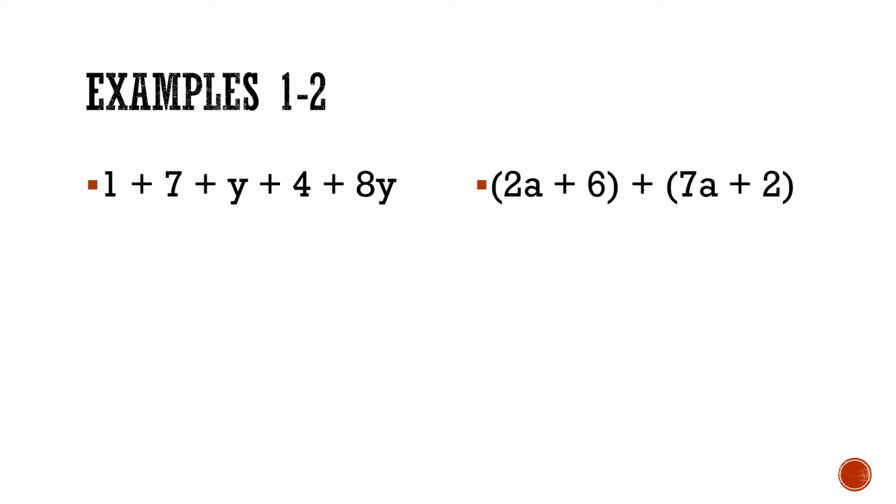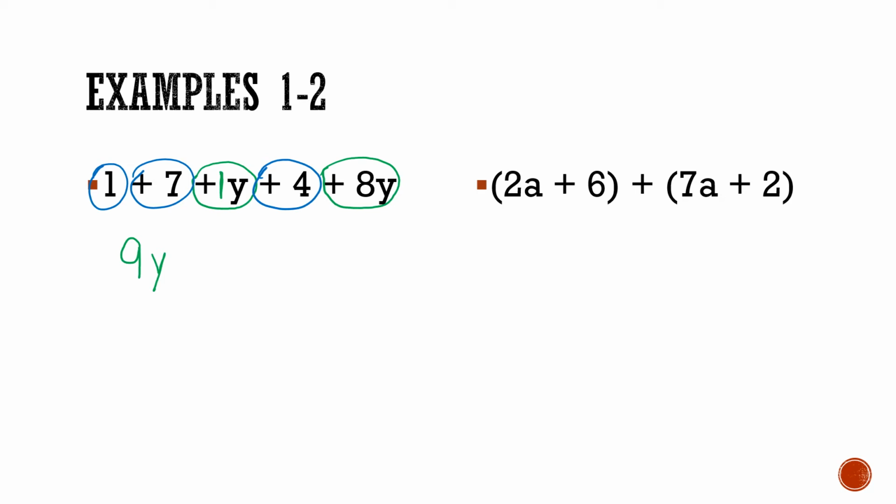Okay, in number 1, we have y and 8y, which are like terms. And then we have 1, 7, and 4 that are like terms. Okay, so remember that in front of that y is really an imaginary 1. So 1y plus 8y would be 9y. Then you're going to combine your other numbers.